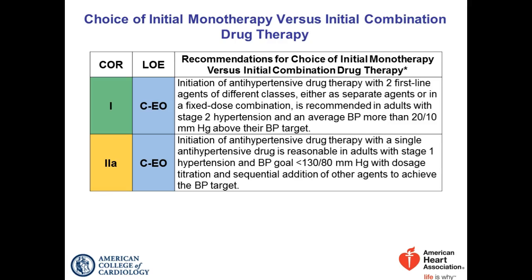I will just make one little caveat to this, and that is that sometimes if you are able to see a patient in close follow-up and monitor their response to medications, it's reasonable to me to start one drug and then fairly quickly add the second drug, and of course checking their blood pressure and seeing if they're at target yet. Folks who are in stage 2 hypertension almost always need two agents, is what this is saying.